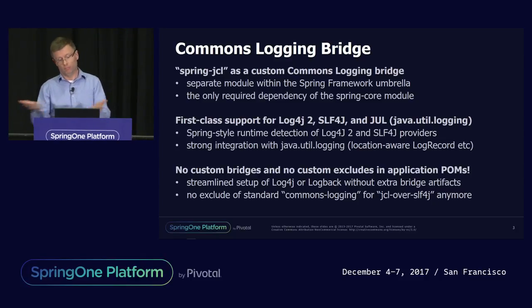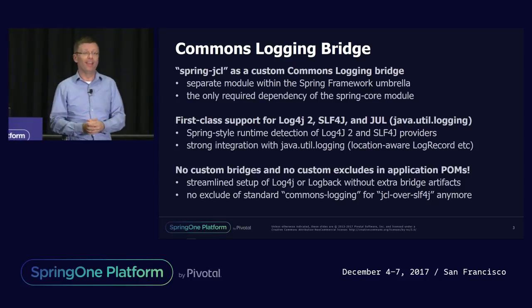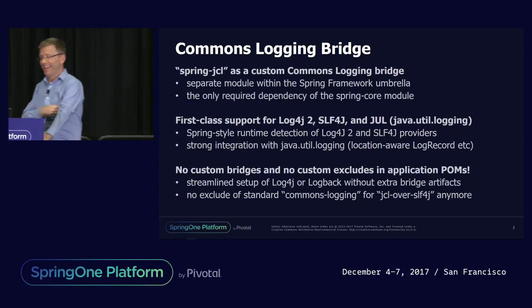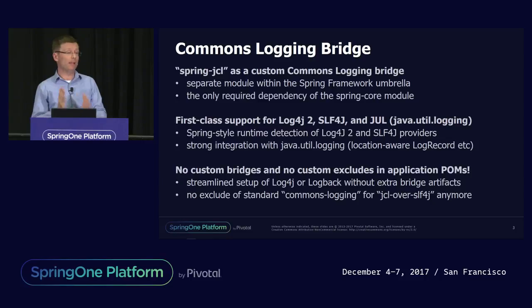If you want to use Java util logging, don't do anything, right? Don't put Log4j or SLF4j on your class path, and the default resolution is Java util logging. Yeah, I know we should have done that probably a little earlier, but it was a more convoluted situation before. We really wanted to streamline the setup for non-boot projects.